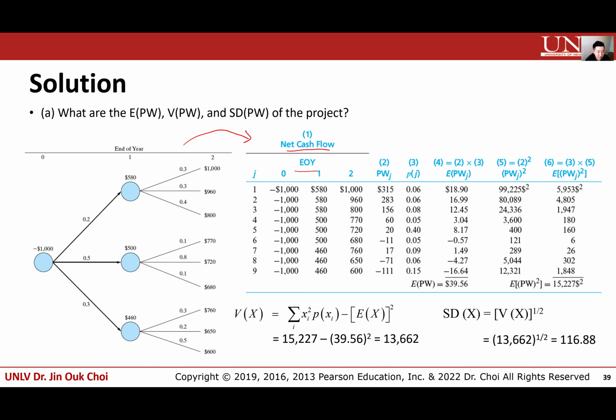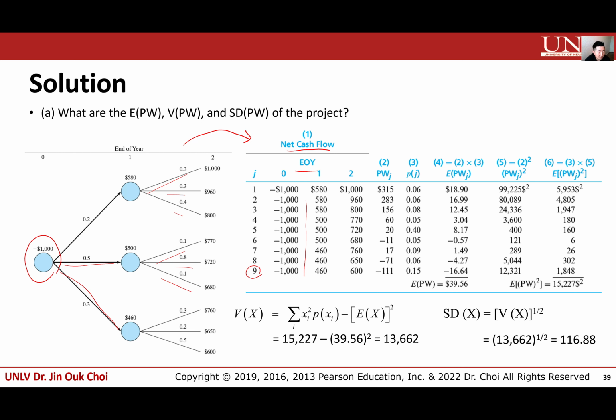At year 0, we have the initial investment, which is $1,000, and there are 3 possibilities, as well as all the others also having 3 possibilities. So it's going to be 3 times 3, so we will eventually have 9 different cases.